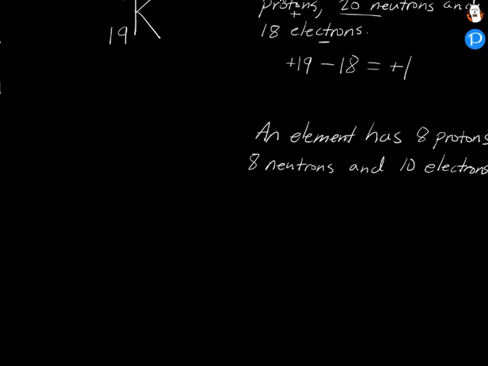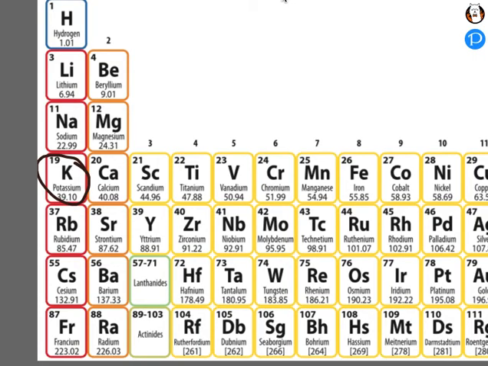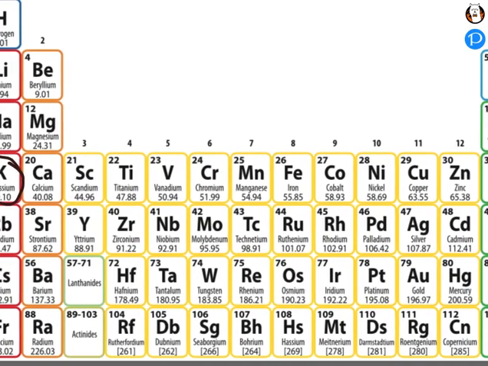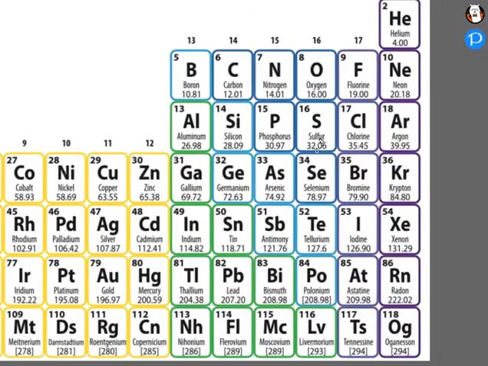Okay. Let's go to the periodic table. It said that it's 8 protons. So I'm going to go find number 8. Hey, there it is right there. Here's number 8. It's oxygen. And here's the mass right here, which we are using in this case because it's already rounded to 16.